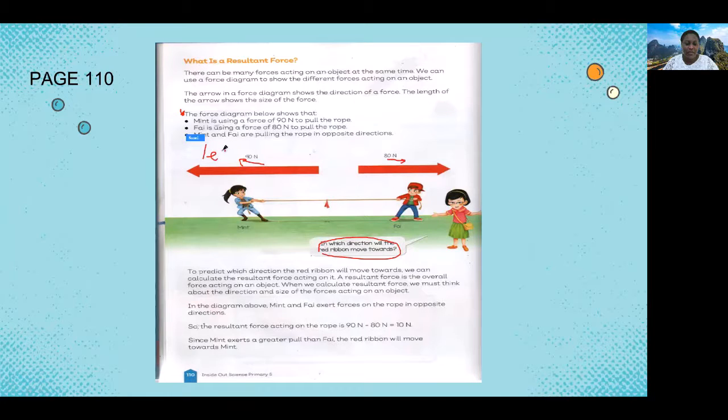Who will answer this one? Where does the red ribbon move to? In which direction? Is it left or right?